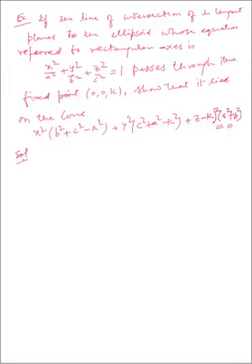So equation of ellipsoid is given: x square upon a square plus y square upon b square plus z square upon c square is equal to 1.